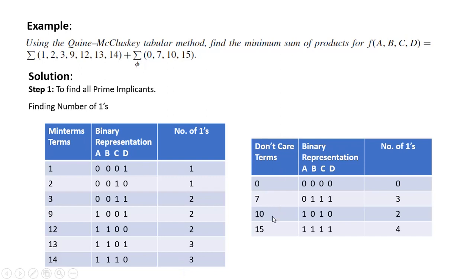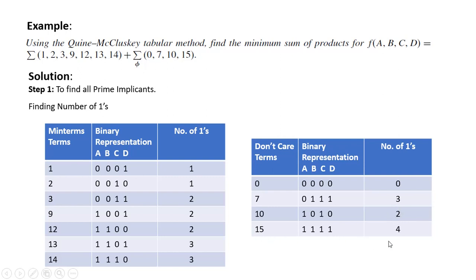Then for the don't cares we have listed all the don't cares 0, 7, 10 and 15. For 0 it is 0, 0, 0, 0, so number of ones is 0 only. Then for 7 it is 3. For 10 the number of ones is 2. For 15 it is 4.